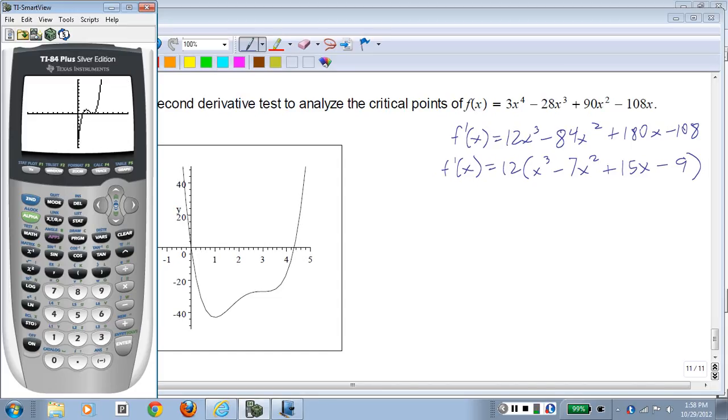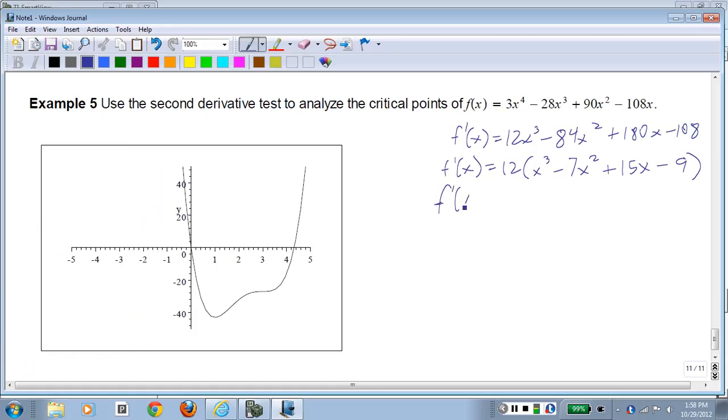That picture is familiar. Remember this one? It had zeros at 1 and 3, and we eventually concluded that f prime of x was equal to 12 times x minus 1 times x minus 3 quantity squared. We went there, we did that. So we don't have to retrace those steps.